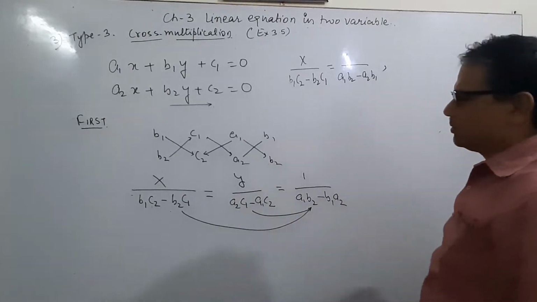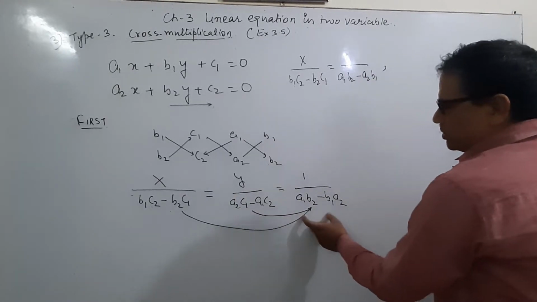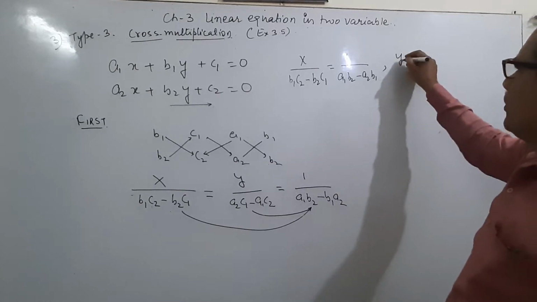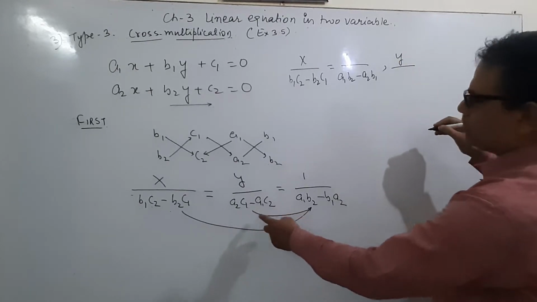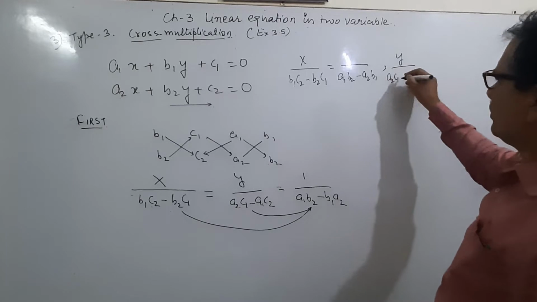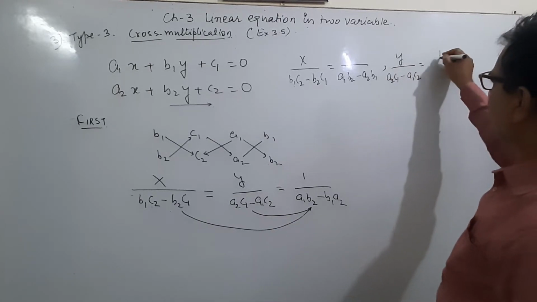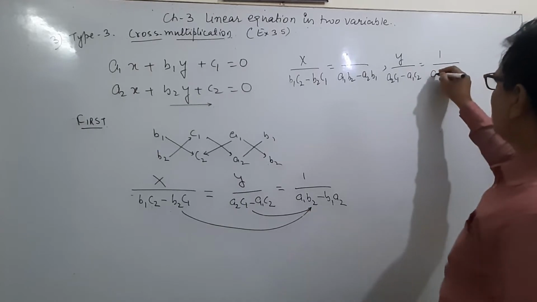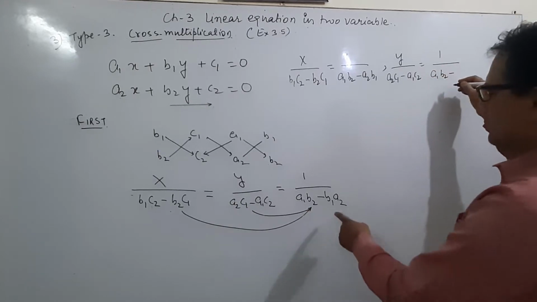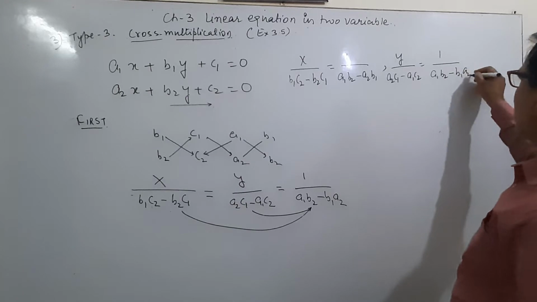You have to put comma, and then y equal to this, means y upon a2 c1 minus a1 c2 is equal to 1 upon a1 b2 minus b1 a2.